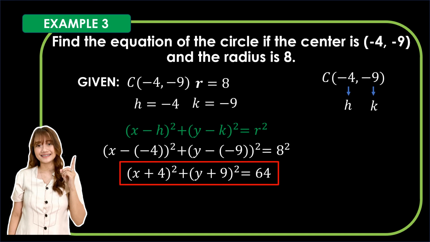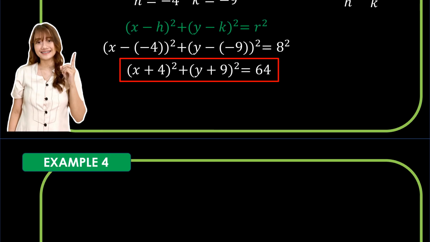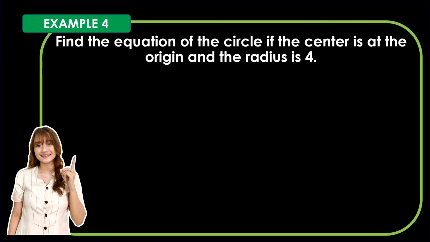So the equation of the circle is the quantity x plus 4 squared plus the quantity y plus 9 squared equals 64. Now let us have example 4.